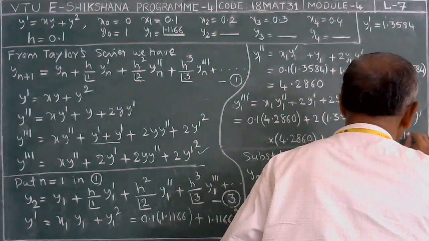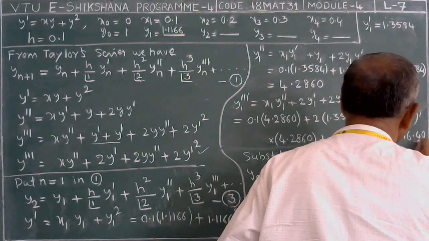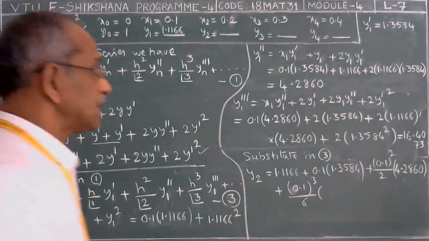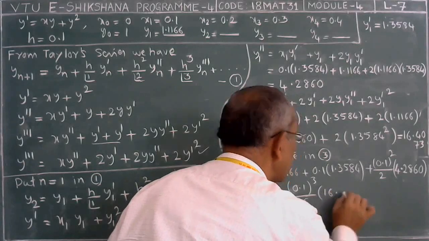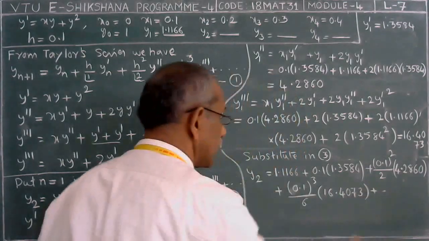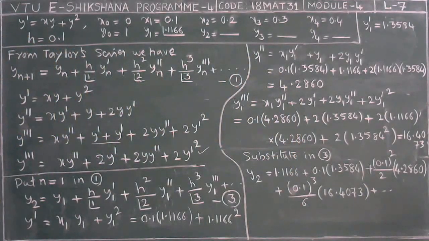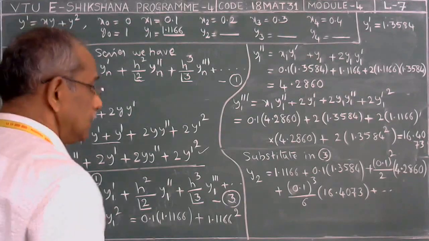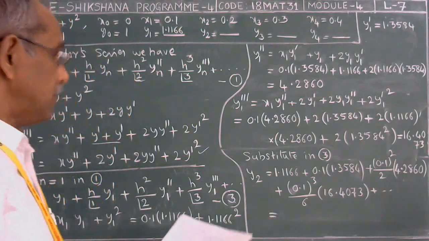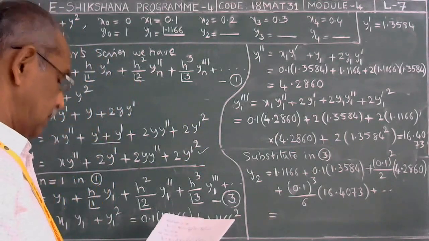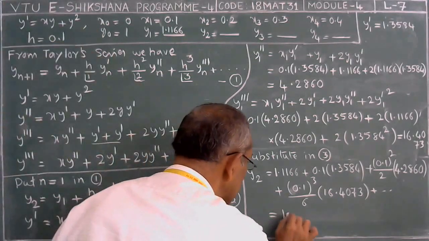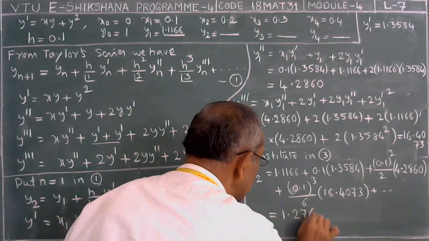16.4073. So if you calculate using your calculator carefully, you get y2 as 1.2766.